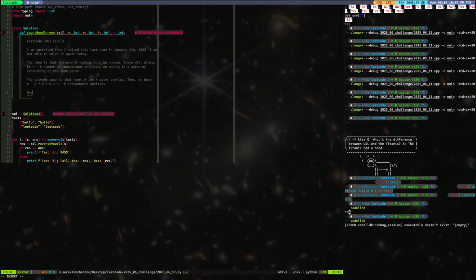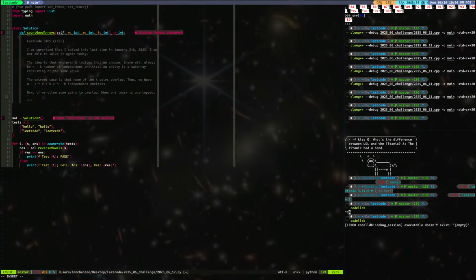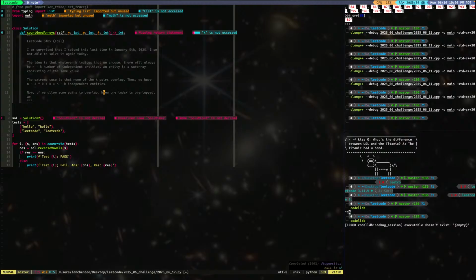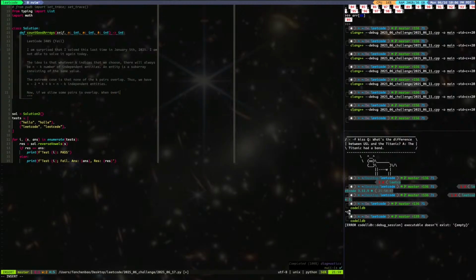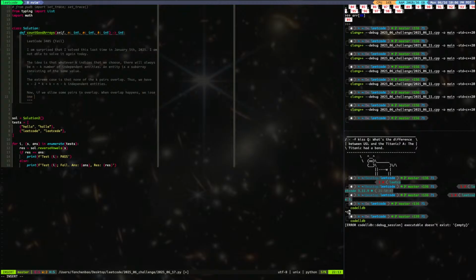Now, if we allow some pair to overlap, when overlap happens, we lose one entity from the pairs, but we also gain an entity from the overlapped index.